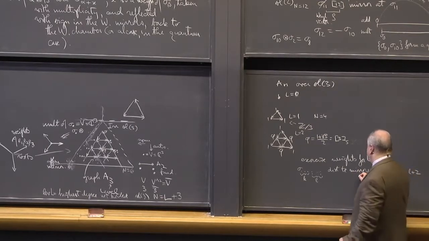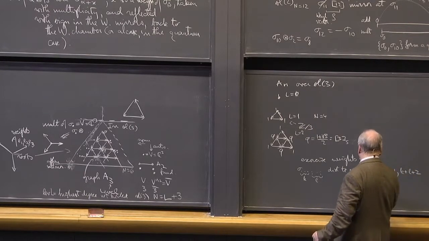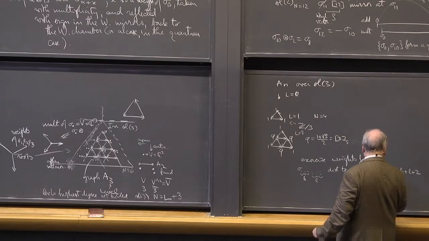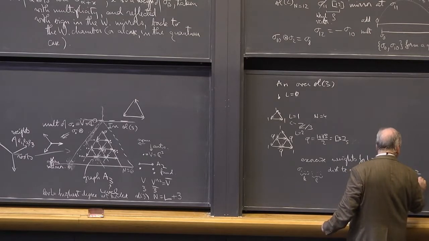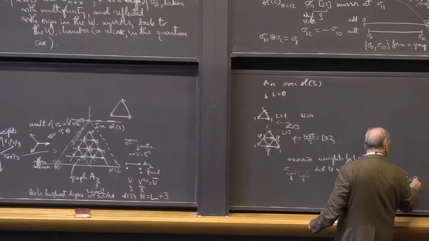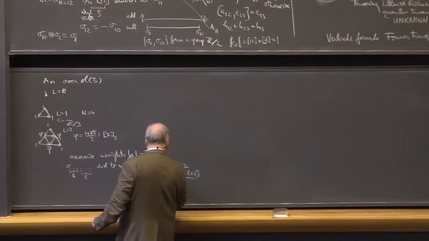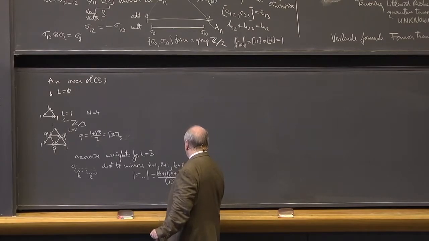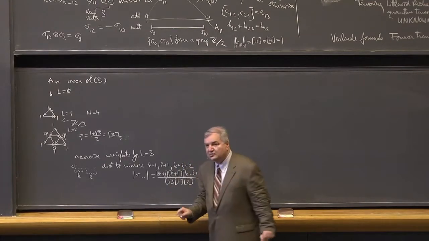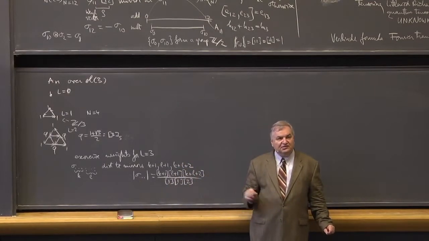So the dimension is quantum K plus 1, quantum L plus 1, quantum K plus L plus 2, divided by 1, 1, 2. Yes? And in general, this doesn't simplify.